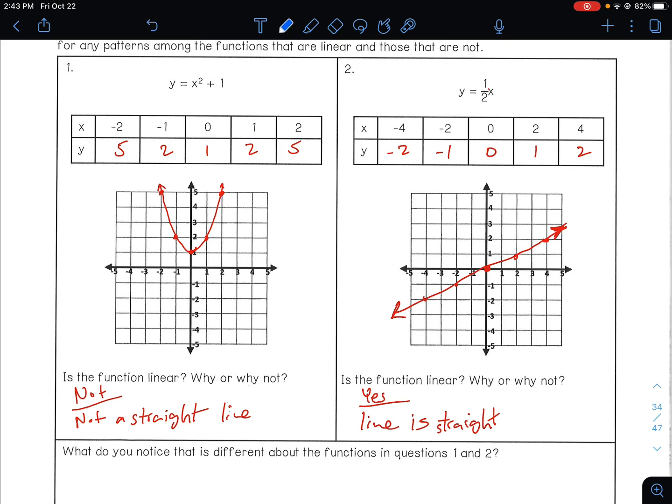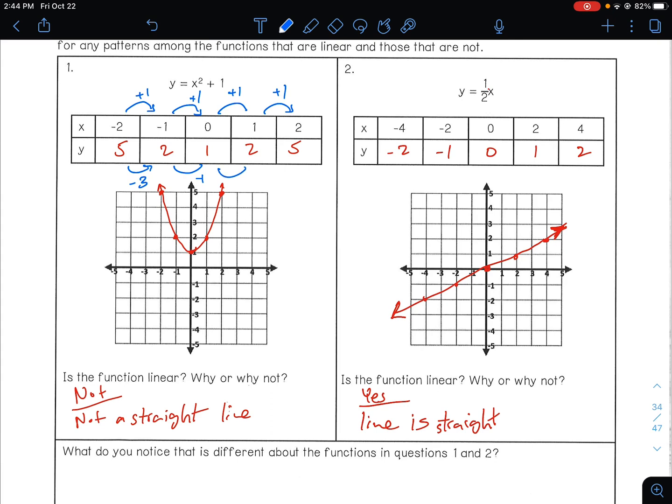Let's look at the rate of change from this one to this one. You add 1. From here to here, you add 1. From here to here, you add 1. You're adding 1 each time. And then the rate of change from this point to this point, you're going minus 3, and from here to here, it's 2. How do you get 1?